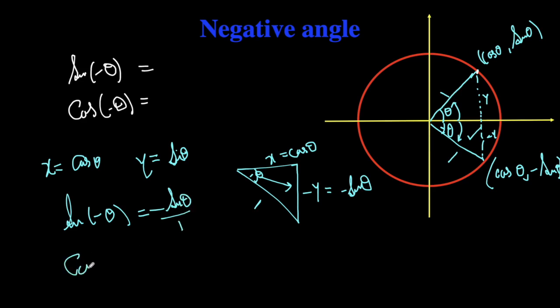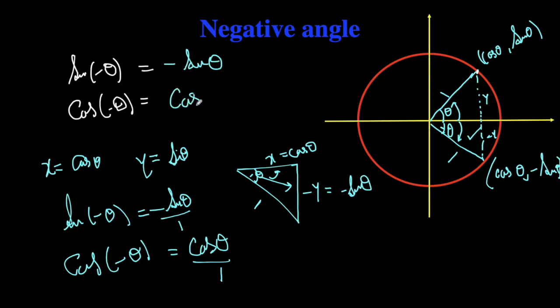Can I write cos of minus theta will be equal to adjacent over hypotenuse, so adjacent is this one, cos theta over 1. So what you have concluded from here is that sine of minus theta is giving you minus sine theta, and cos of minus theta is giving you cos theta. So there is no effect in cos, but there is an effect in the sine.